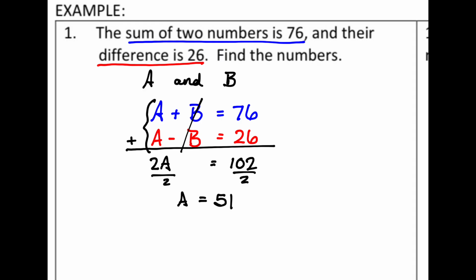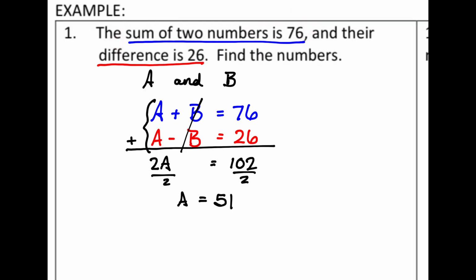Now, when we were solving systems, once you got the first one, you'd plug it back into either equation and find the second one. So you could do that, or you can use one of the two sentences, or phrases, if you will. Sum of two numbers is 76.